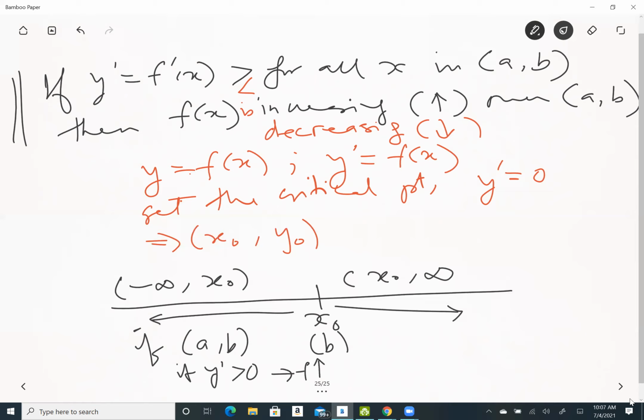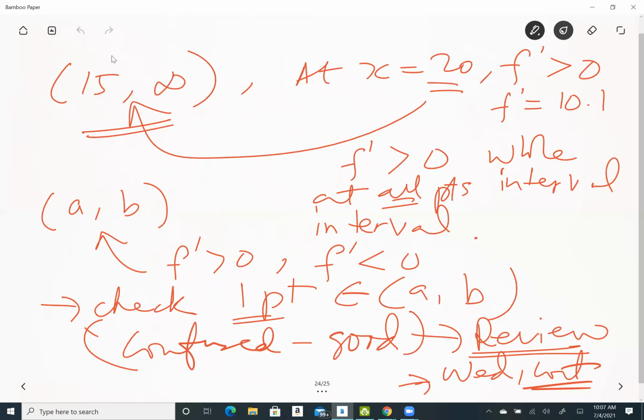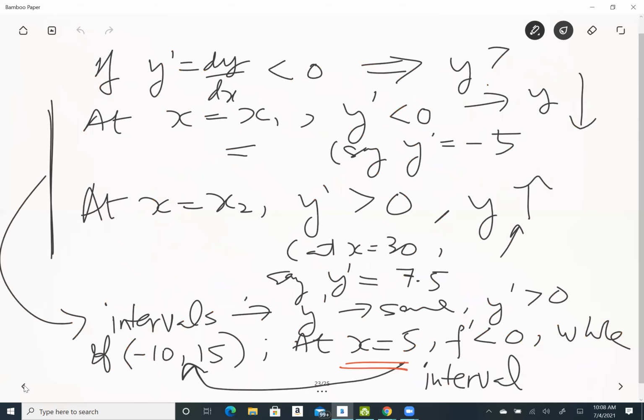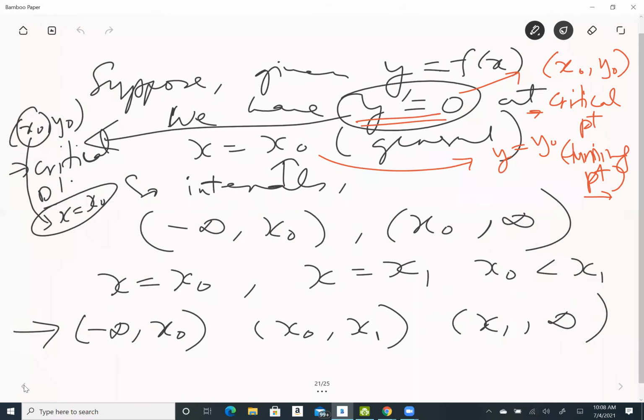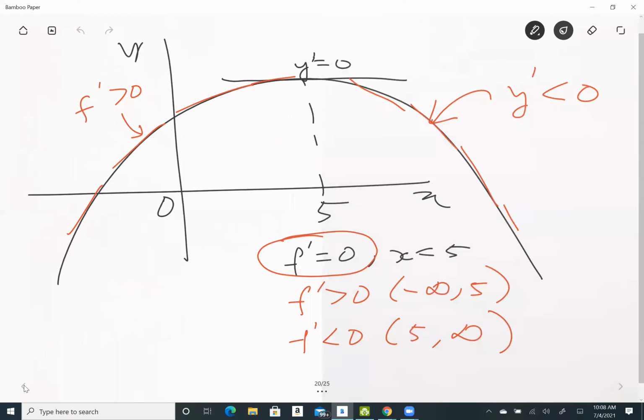All right, so let's go back to the graph that we drew earlier just to get a better idea. I think we understand that already, I just want to emphasize that one more time. If you look at this graph, you have y prime equal to 0. That point occurs at x equal to 5.